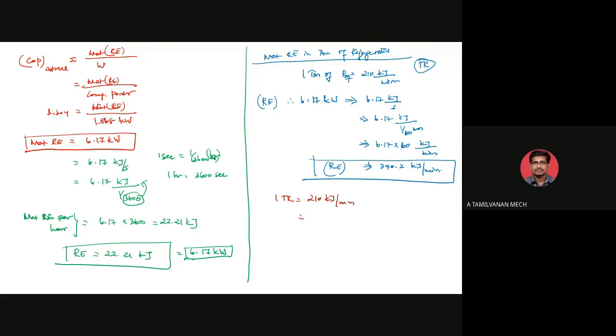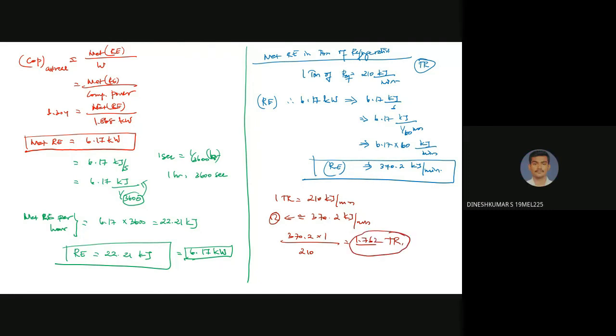You got the refrigeration effect of 370.2 kilojoule per minute, so how much TR is needed? It is calculated by 370.2 divided by 210. How much value did you get? 1.762 TR.